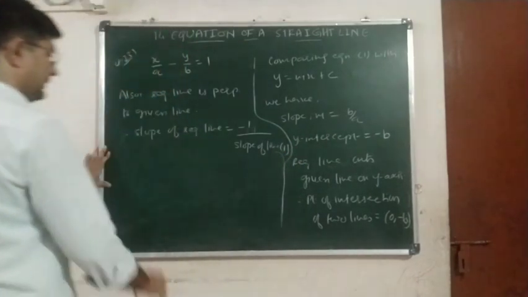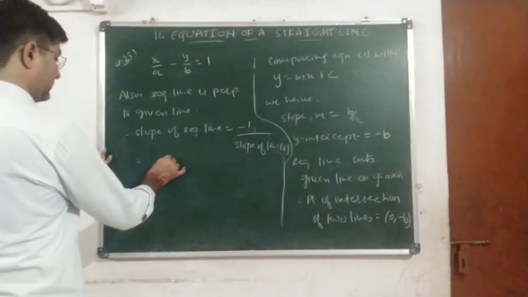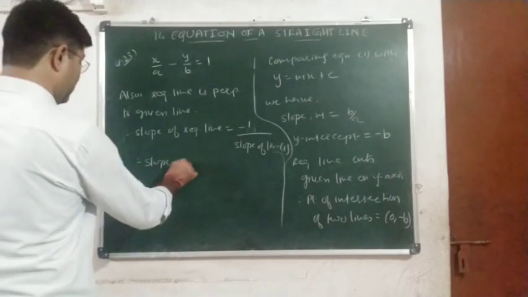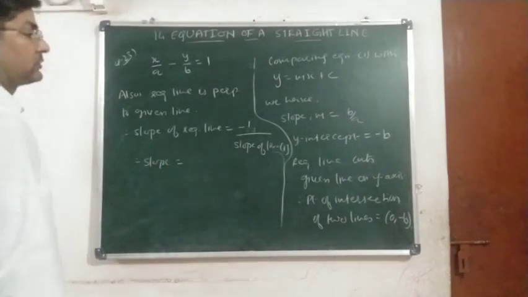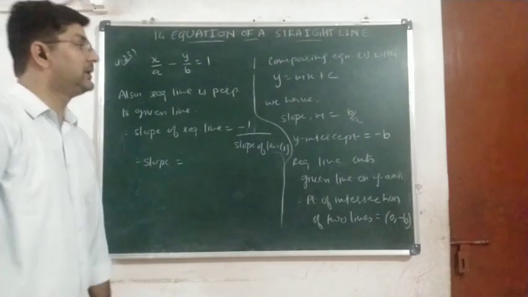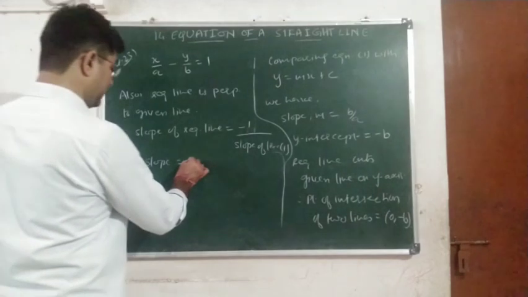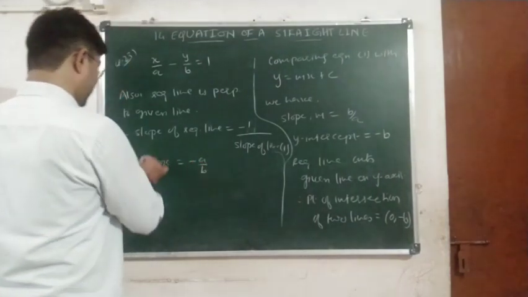Clear? And therefore the slope will be the negative reciprocal. So what is the slope m? That is b upon a. Yes or no? So the slope will be minus a by b, the negative reciprocal.